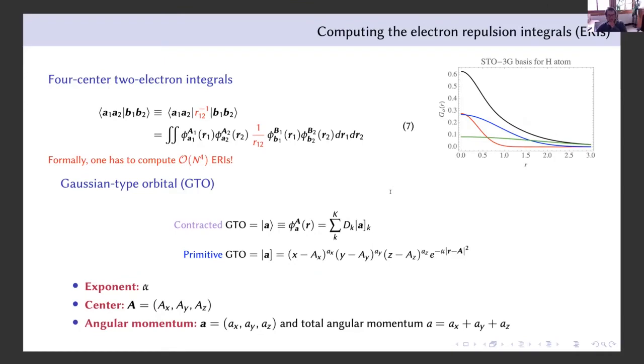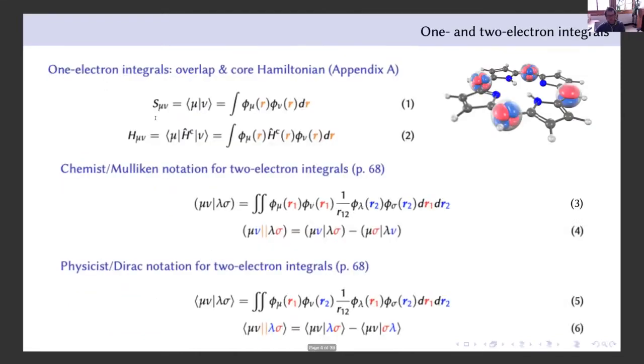All right. So when you compute those two electron integrals, you have to understand that these are basically four center two electron integrals. It means it involves four functions, which can be centered at four different centers, so you can have A1, A2, B1, B2, for example.